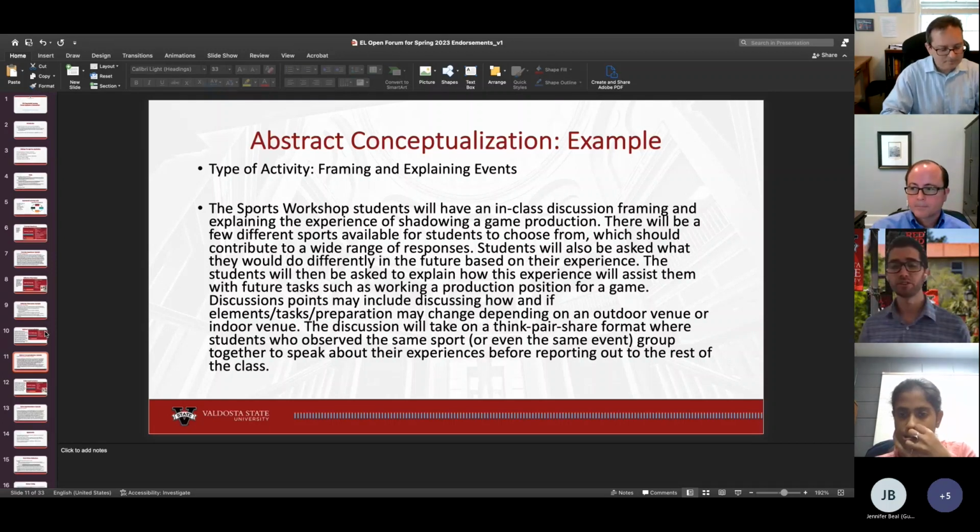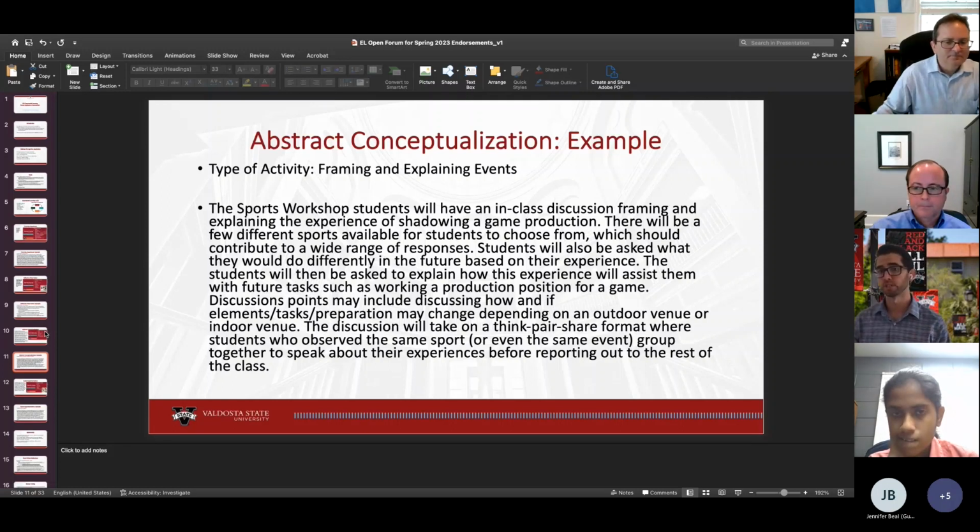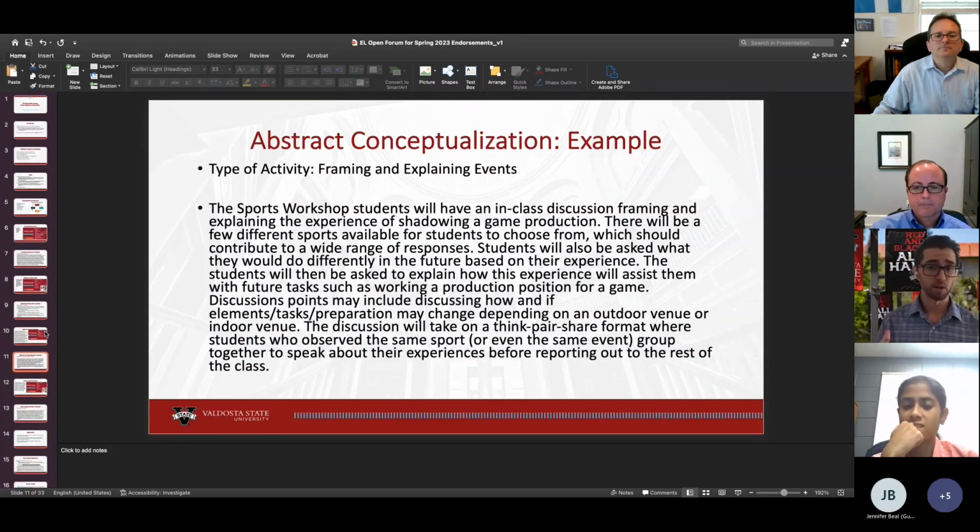So if you're struggling to bring all, say, 20 or 30 students into the same simulation or observation, have them go to different times and dates. It could actually lead to an even more fruitful discussion because the students are gaining different perspectives and then reporting out to the class.